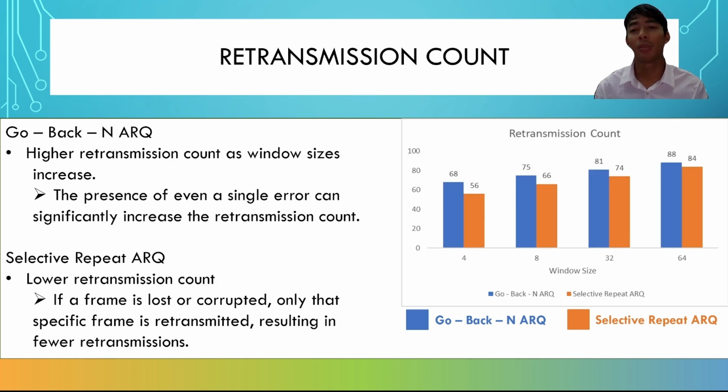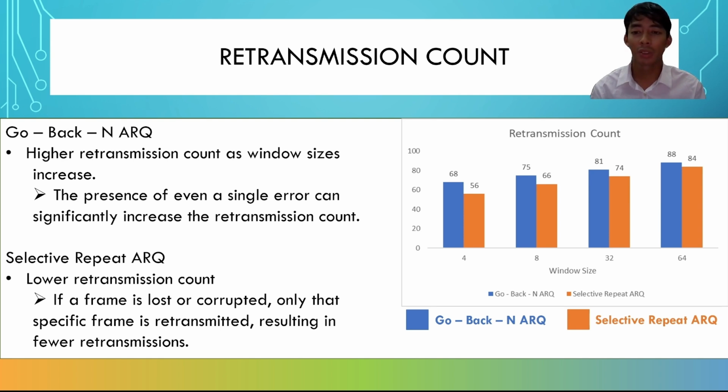Transmission count is how many times the data will be retransmitted. In Go-Back-N ARQ, the transmission count is higher as the window size increases. The presence of even a single error can significantly increase the transmission count. Selective Repeat ARQ has a lower retransmission count.